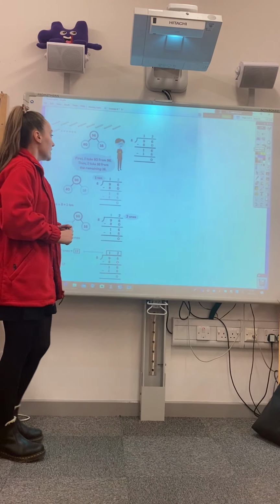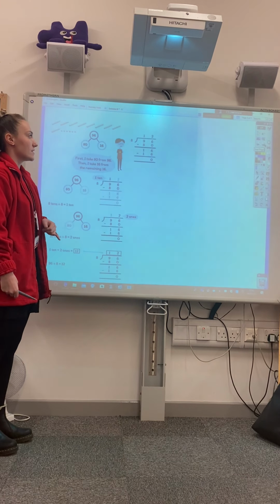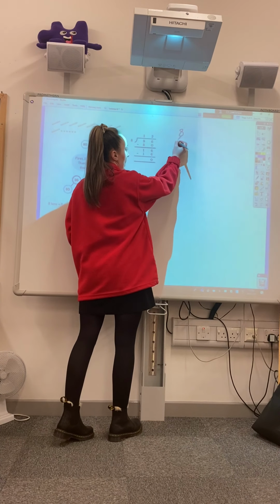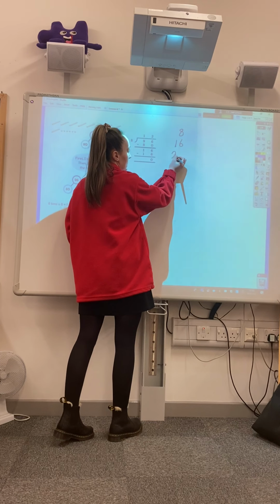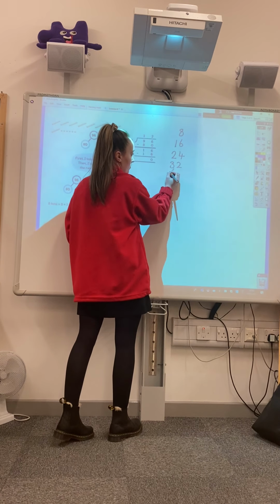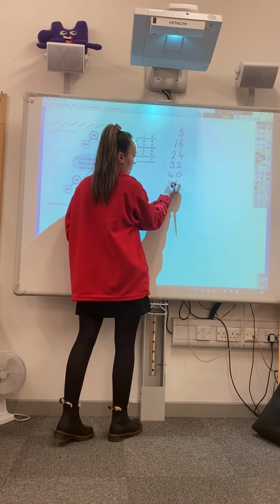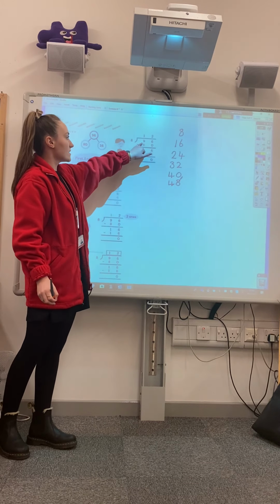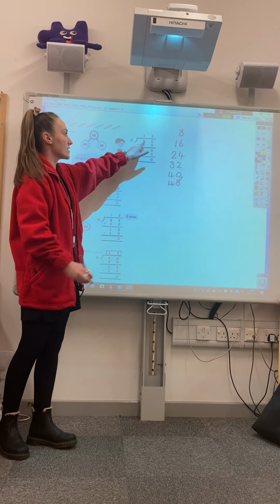So he takes 80 from 96. So we know if we put our 8 times table down the side, we've got 8, 16, 24, 32, 40, 48, and so on, okay? So if he's dividing 96, we need to see how many 8s go into 9.